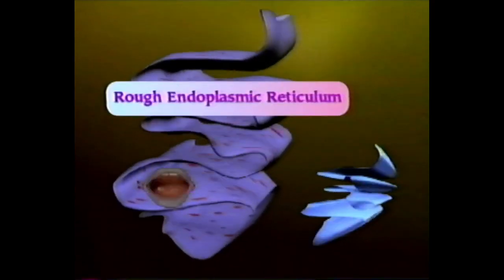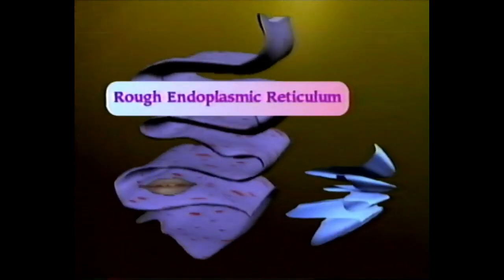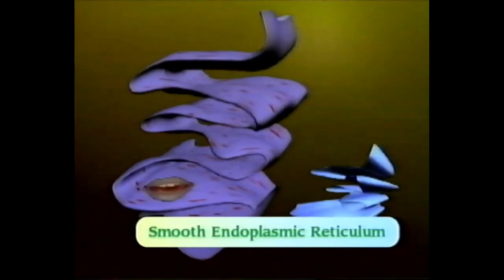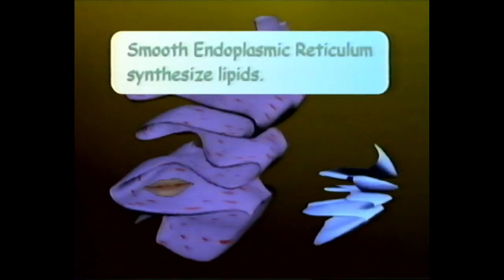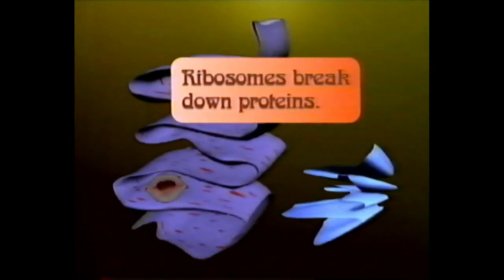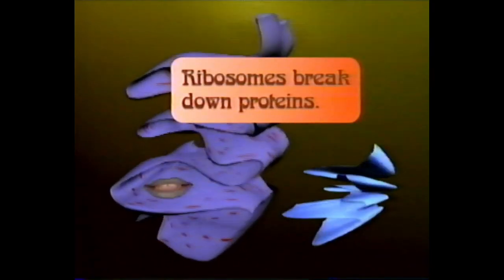Yeah, there are rough endoplasmic reticula, like me, and smooth endoplasmic reticula, like my cousin. Smooth endoplasmic reticula do not have ribosomes on their surface. So what do they do then? The smooth endoplasmic reticula synthesize lipids, which are organic compounds like fats and waxes.